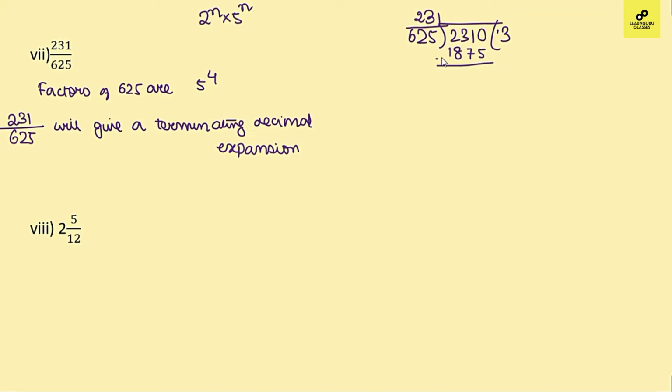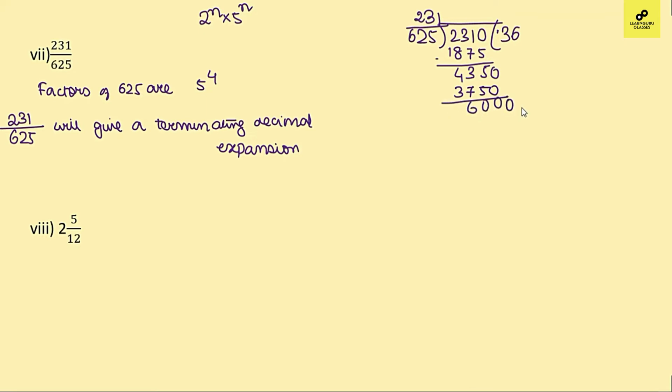So if you do the subtraction, it will give 5, 1, 7, 3, 4, 3, 5, 0. Okay. So 625 into 6 will give 3750. So this 0, 0, 6.